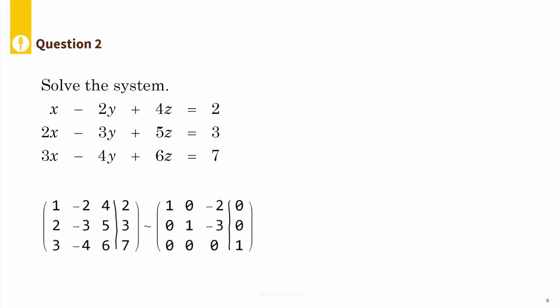For those of you who've had discrete or logic, it's what we call a contradiction. It's always false. That means there's no solution. So the solution is empty. It's the empty set.